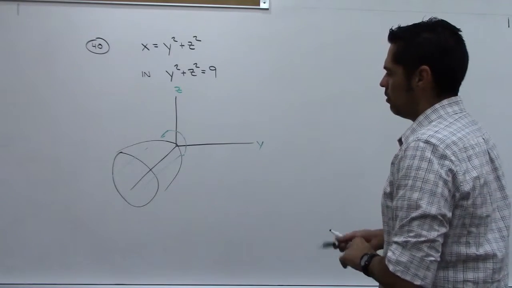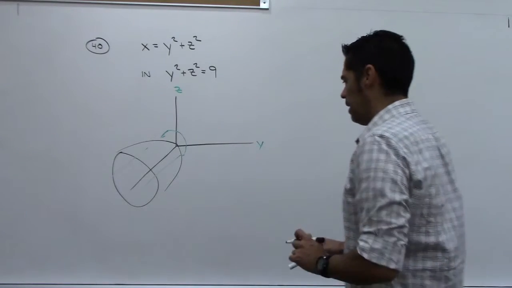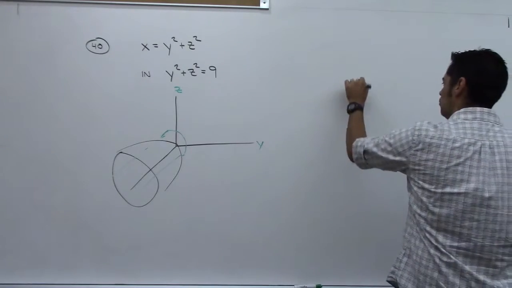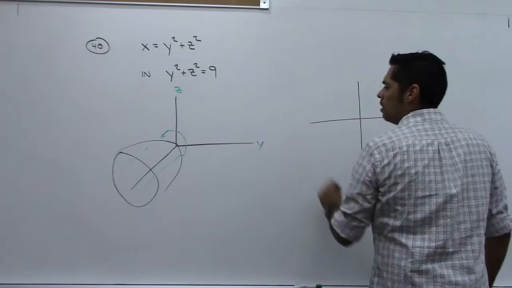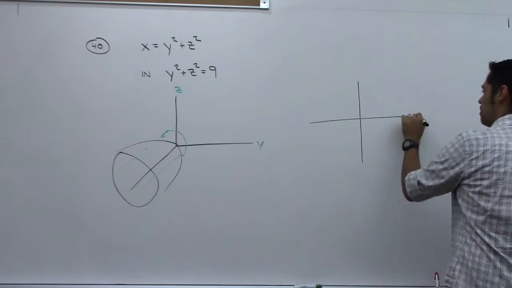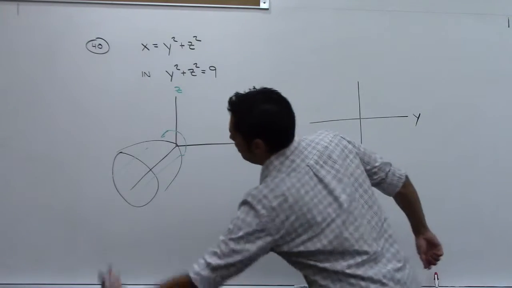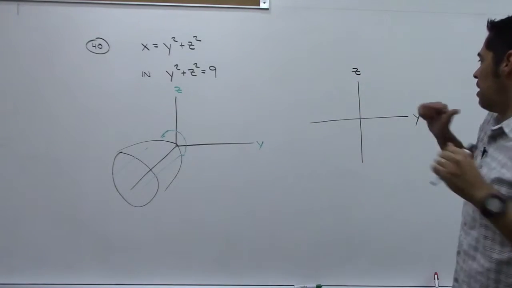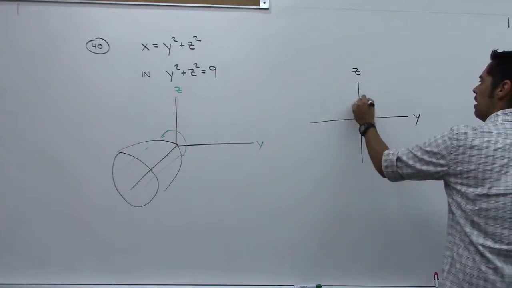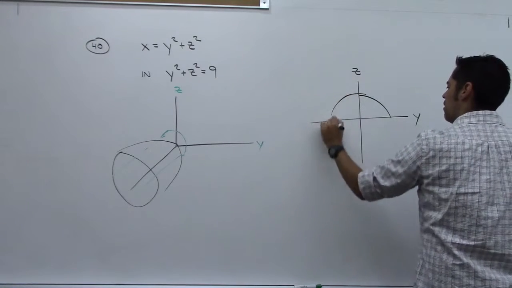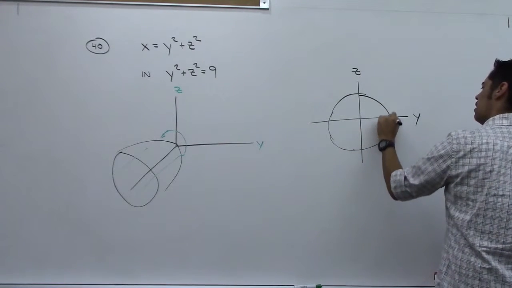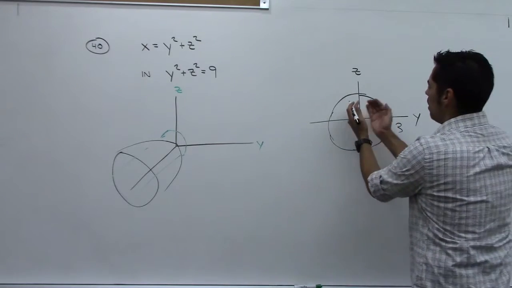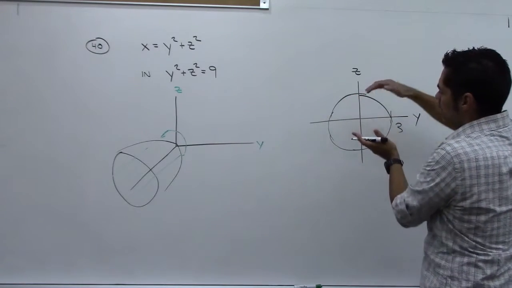Again, I can't do a great drawing of this, but if we look at it from the top, when I say top, what I mean is we're actually looking at it from this direction. We're looking down onto the YZ plane. X is coming out at us. Then our domain on the ground is this circle with radius 3, and then what we have is this bowl coming out towards us, right?